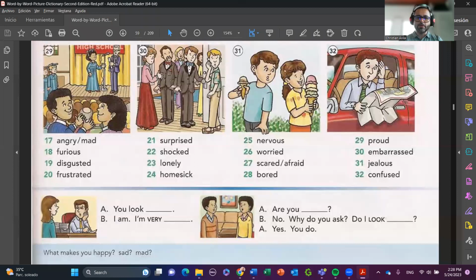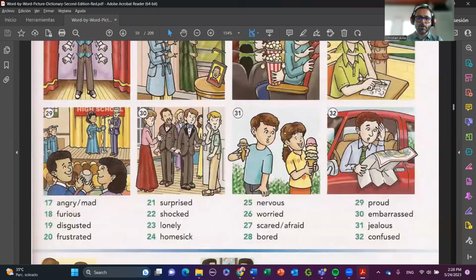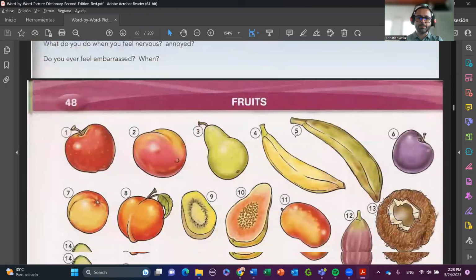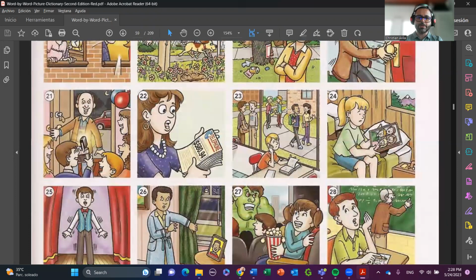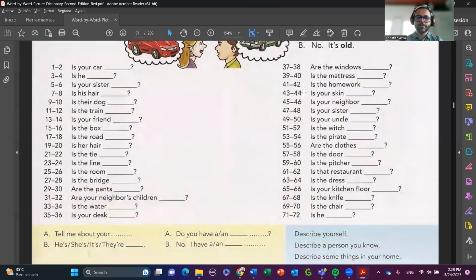And then the other part of the homework is to complete this information right here. It's on this side. Okay, complete this chart.